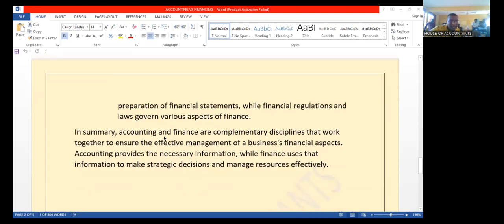Then, in summary, accounting and finance are complementary disciplines that work together to ensure the effective management of a business's financial aspects. Accounting provides the necessary information, while finance uses that information to make strategic decisions and manage resources effectively.